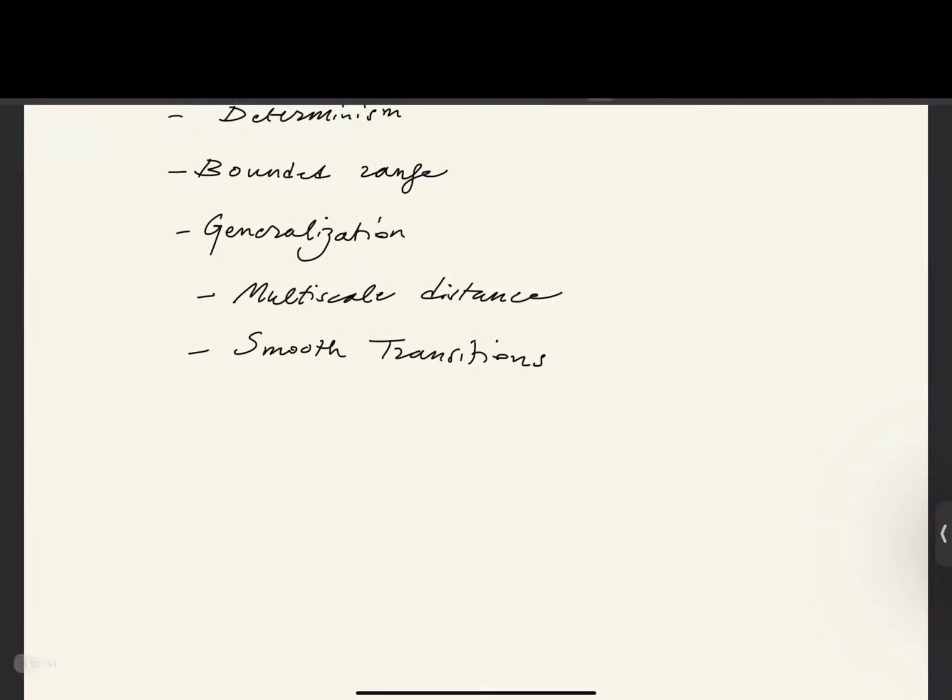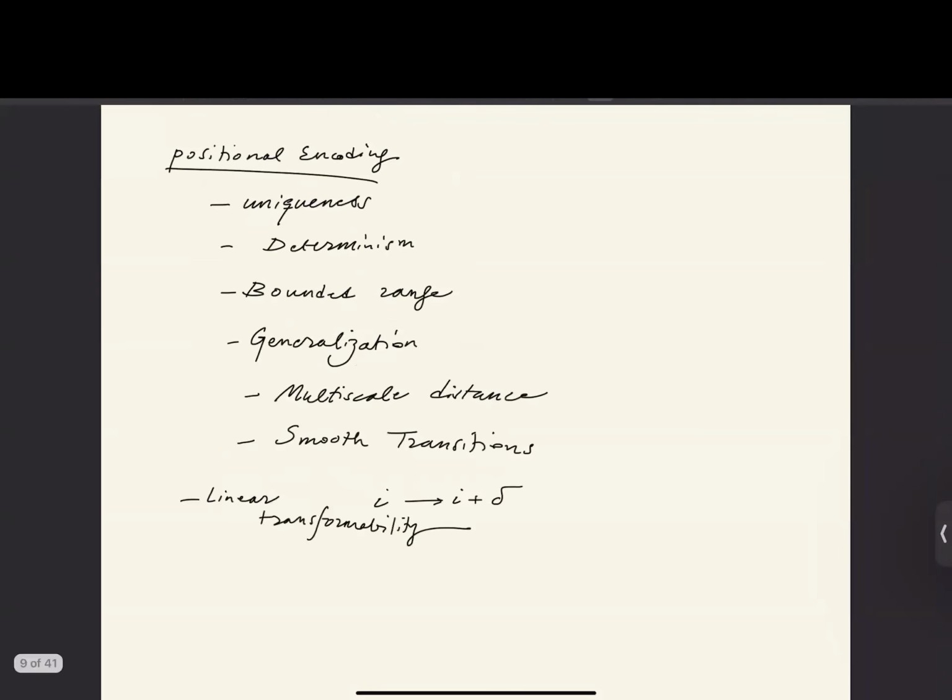Also, since we are dealing with linear transformations in the embedding space, any shift in position, let's say from i to i plus delta, should correspond to a simple linear transformation, for example, a rotation. So linear transformability. Okay, so let's start from the simplest ideas and build toward a scheme that satisfies all of these properties.